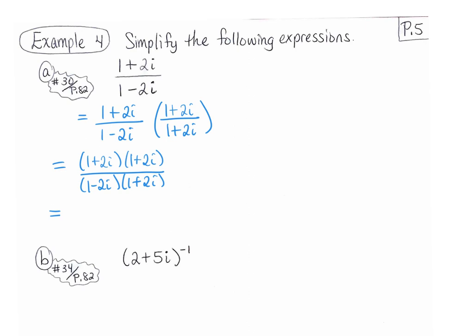Doing so, we get 1 plus. Do you need me to write out the steps where we're multiplying specific terms, or do you want me to just write out the result? Does anyone need to see the step in between? Yes? Okay. So we multiply the 1 times a 2i.